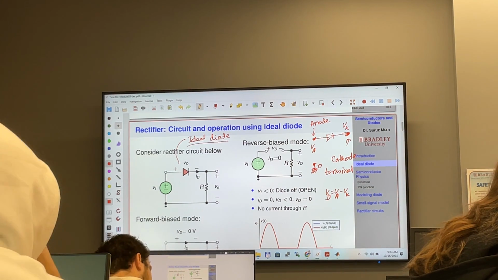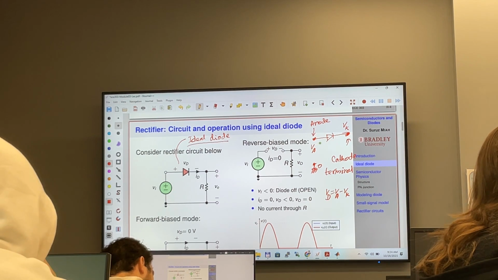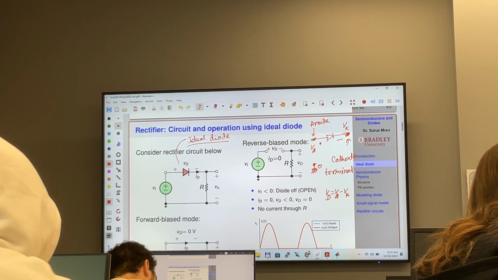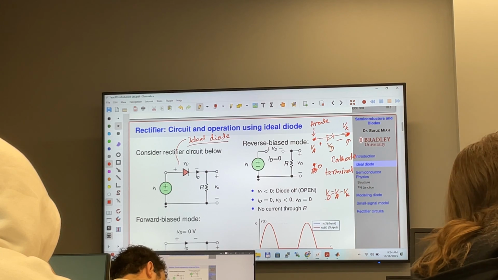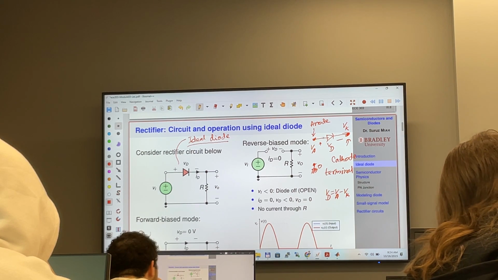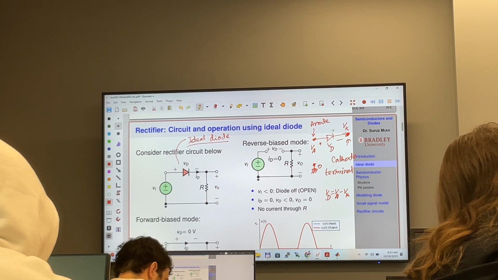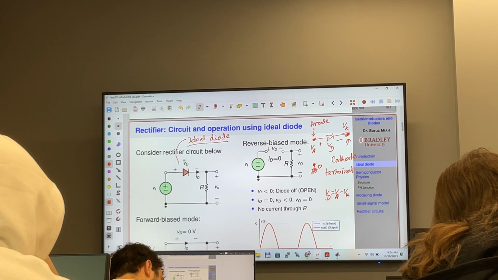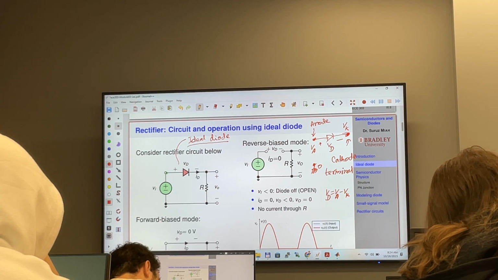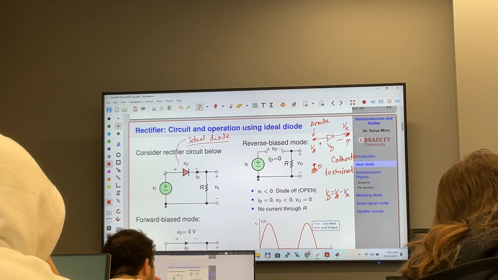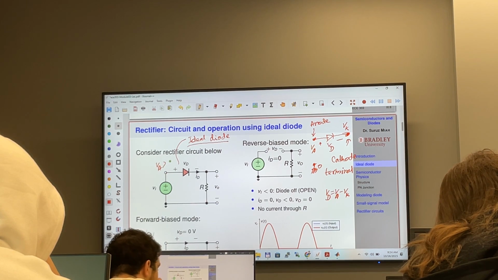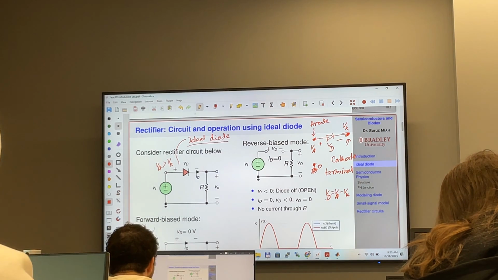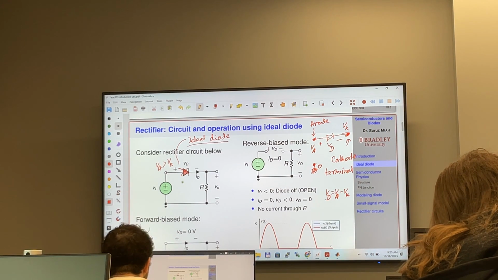So V sub D, the voltage between anode and cathode, is the anode voltage minus the cathode voltage, the voltage across the diode D. When the anode voltage V sub A is greater than the cathode voltage V sub K, you can simply replace this diode with a piece of wire.